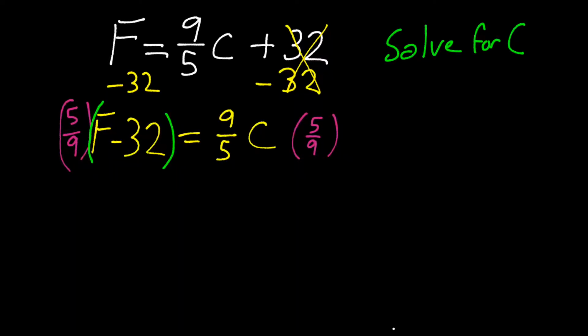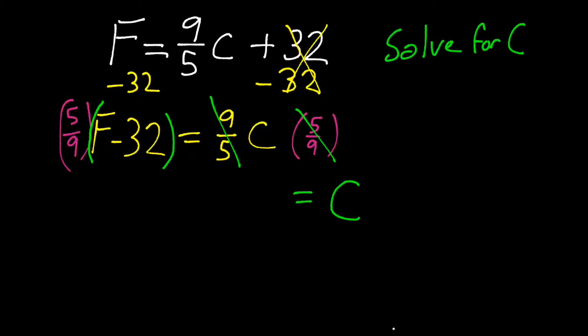That way, we know this 5/9 is being applied to both pieces, not just one of them. So when we multiply 9/5 by 5/9, these cancel out, and we're going to be left with c. That's what we wanted. c all by itself.